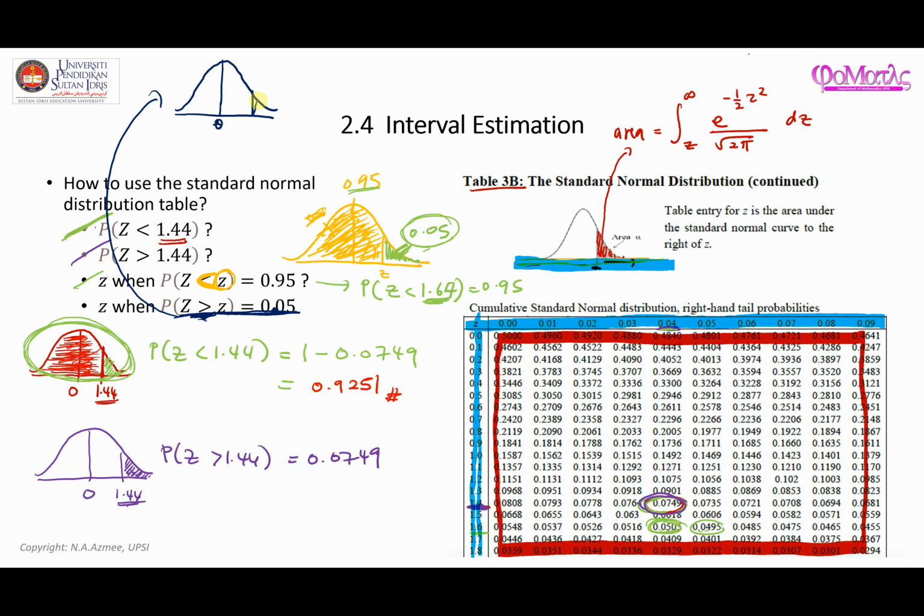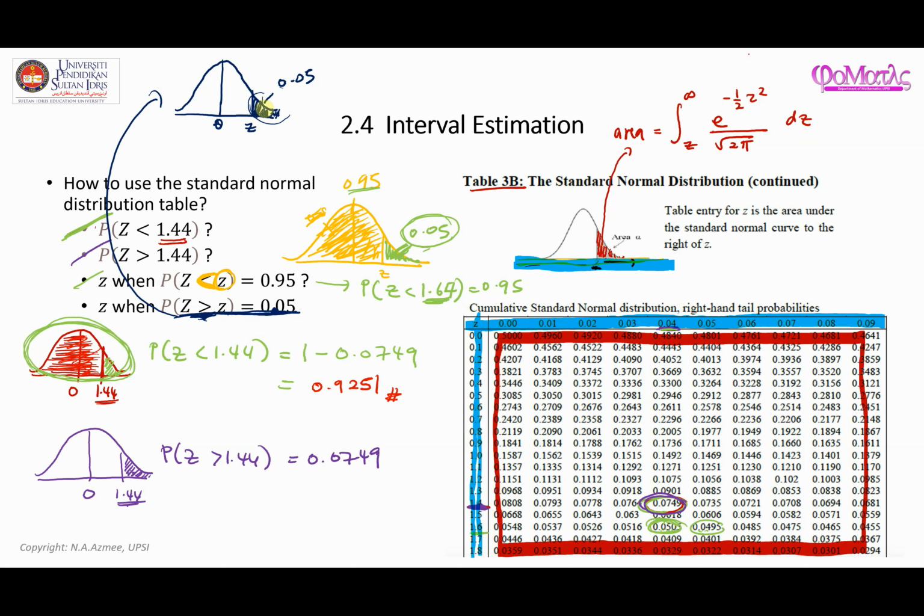This is 0, so it is in this direction. So z is here, and you can directly obtain the answer from the table because the area here is the same as the area given on this table, which is to the right.